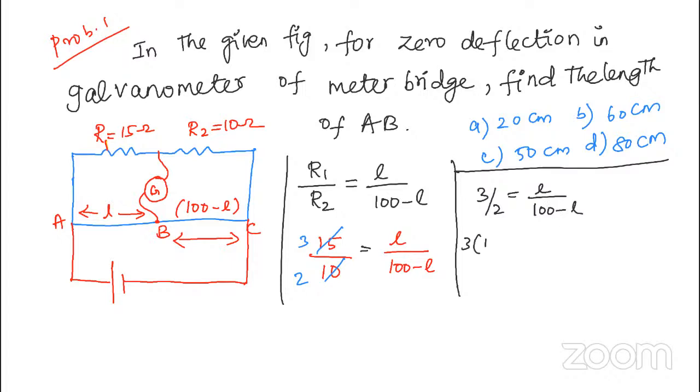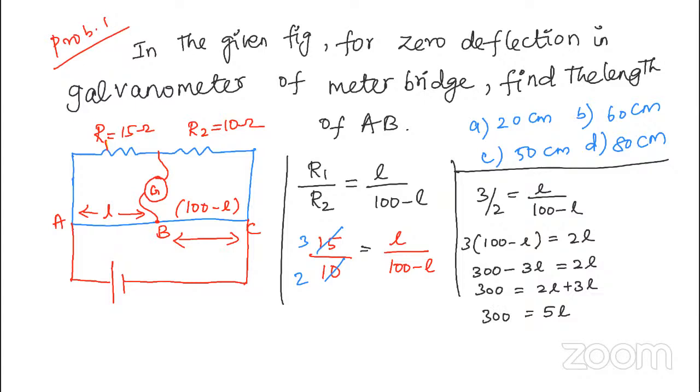That is 3 into 100 minus L is equal to 2L. Okay, so here it is 300 minus 3L is equal to 2L. So here it is 300 is equal to 2L plus 3L. So it is totally 5L and here it is 300.